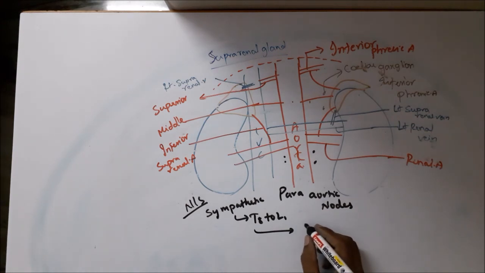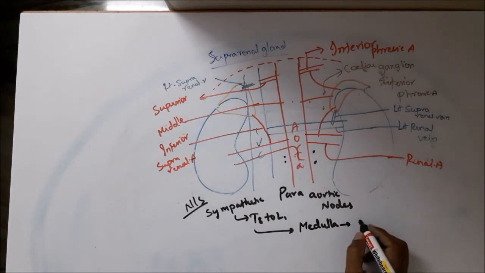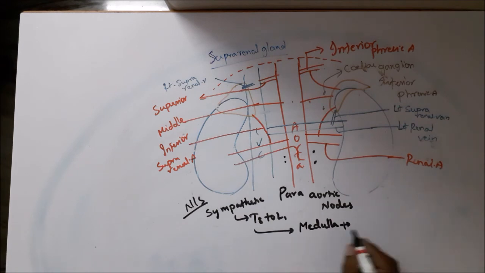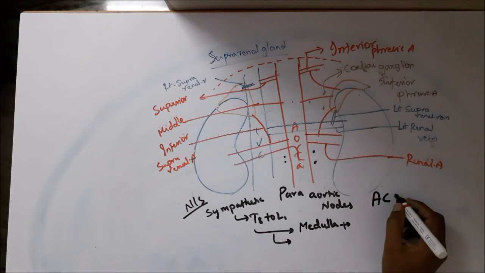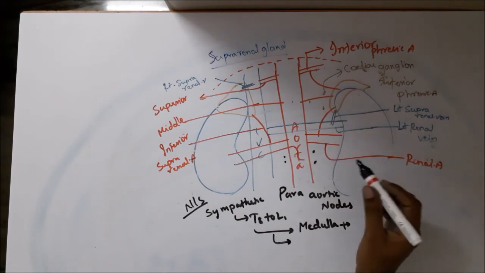Then they enter into the cortex and medulla, and predominantly they go to the medulla and form synapses with the chromaffin cells, and in turn that will be regulating the secretion of the hormones. And apart from the nerve supply, you have one more thing concerned with the function of these adrenal glands, that is adrenocorticotropic hormone, ACTH.